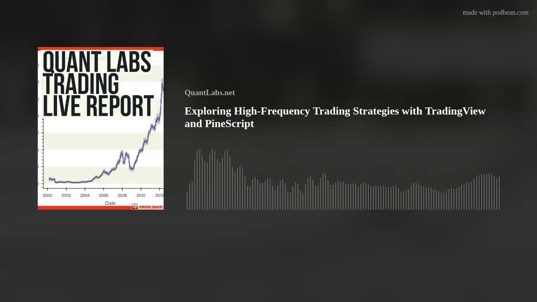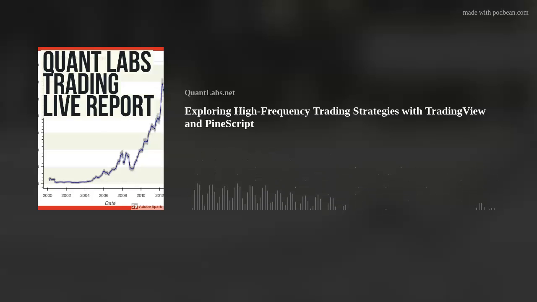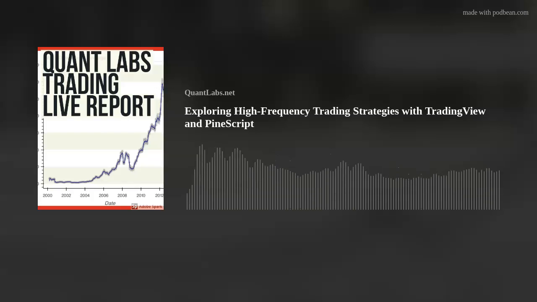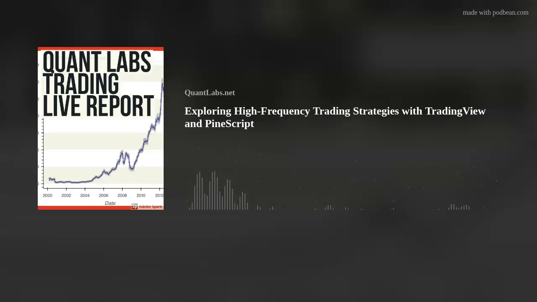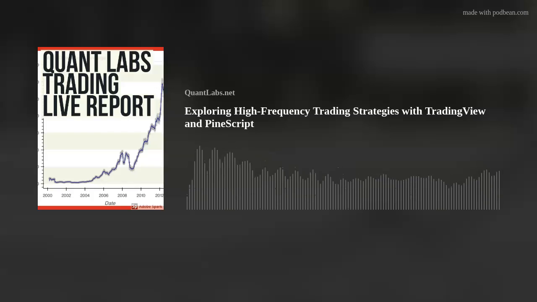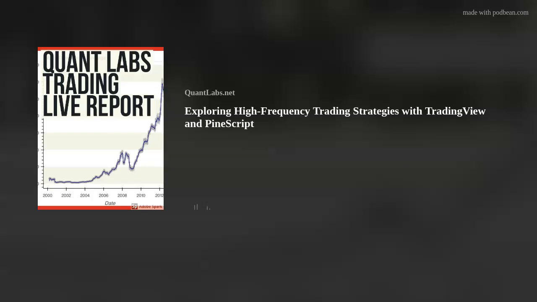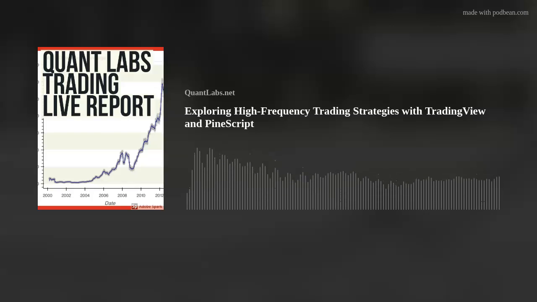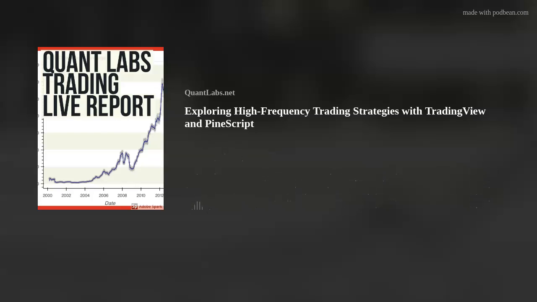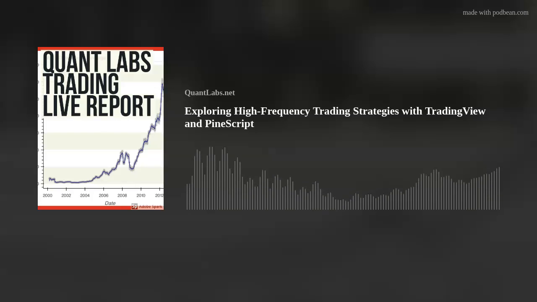Now, one of the big limitations with TradingView is they don't allow automated trades from within TradingView. And as I said before, that's because I believe that TradingView, the company now, don't want to get caught up in the regulation of having to deal with these automated trading because it can change from region to region, and they may have to register as a company in all the different regions throughout the world.